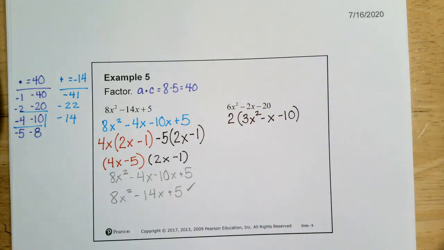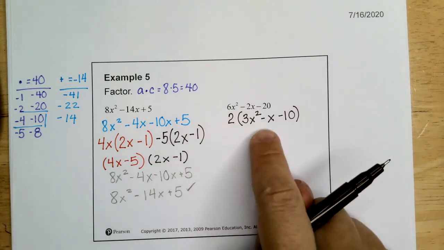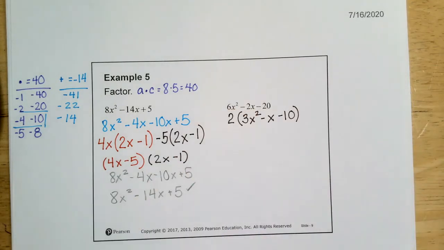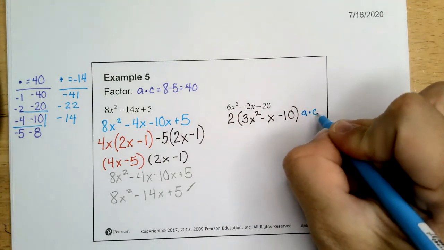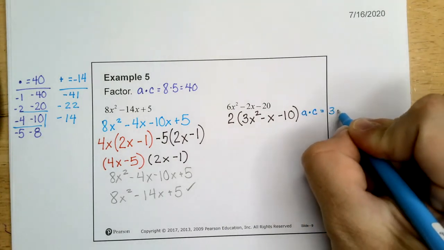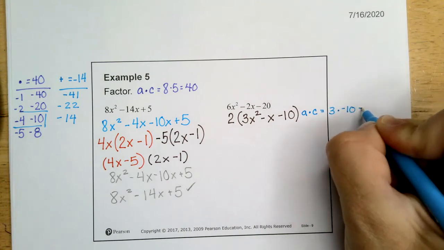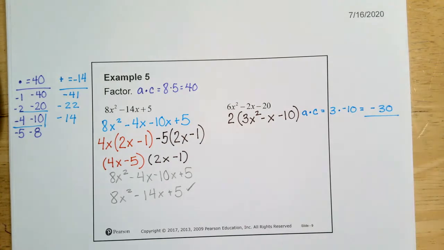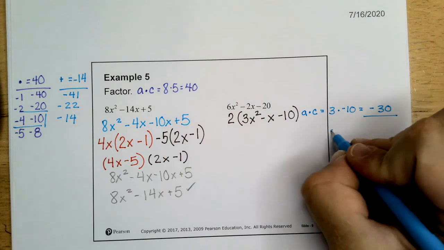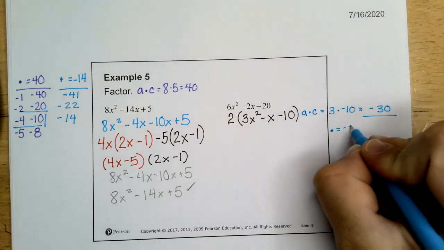All right, now multiply A and C, and now we're using these as our A and C. A times C is 3 times -10, which is -30. Okay, so it needs to multiply to -30. It needs to add to -1. I'll write it again. Multiply to -30.